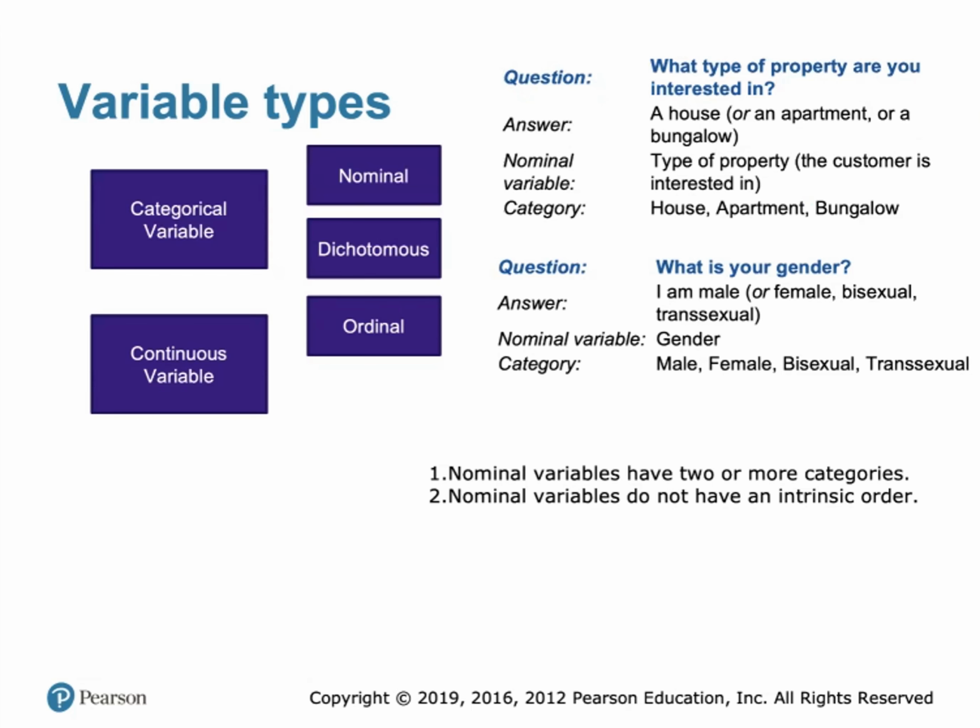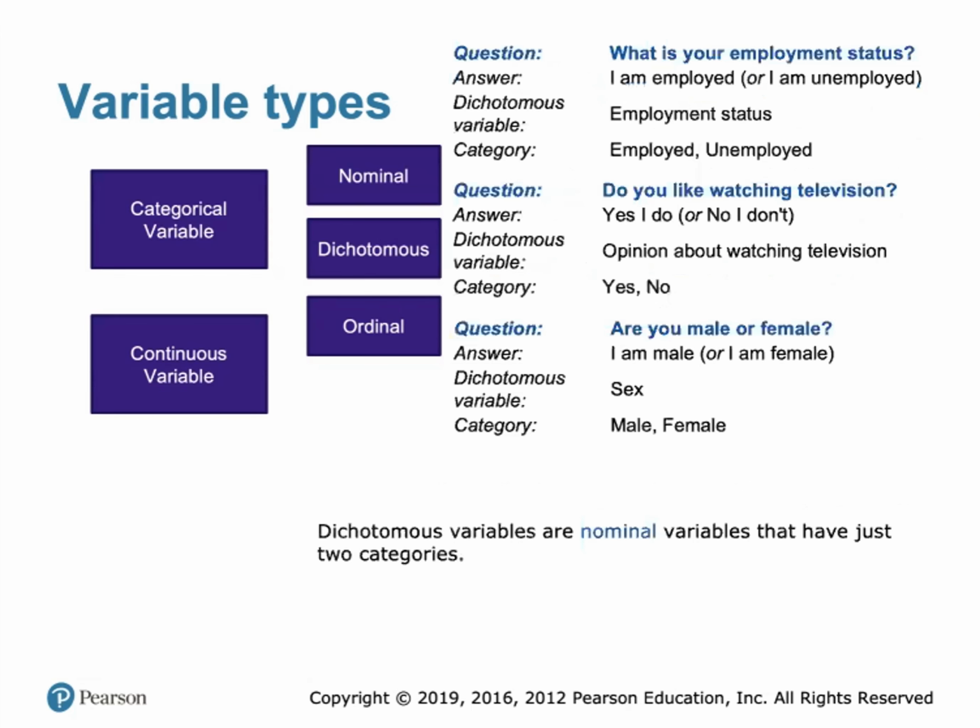Okay, so I'm gonna move on to dichotomous, because these two are really similar. Dichotomous variables are nominal variables, so they are the same, but one different thing is dichotomous variables have just two categories. Nominal can have 3, 4, 5, it's up to you, but for dichotomous, it has to be two categories.